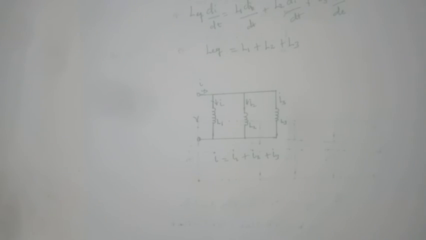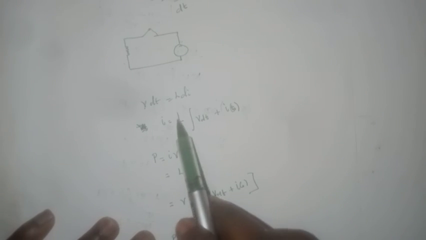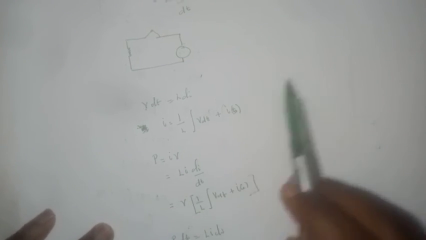Then refer back to this formula here. I equals 1 over L integral V dt plus I naught.